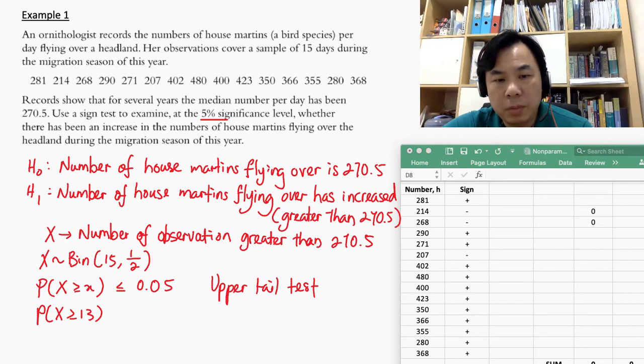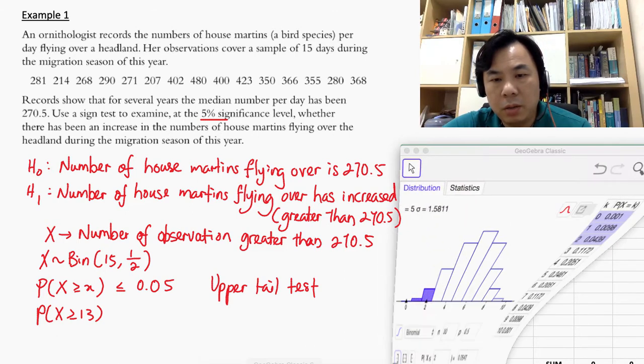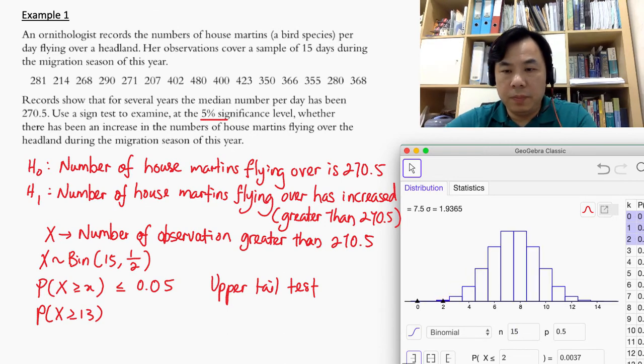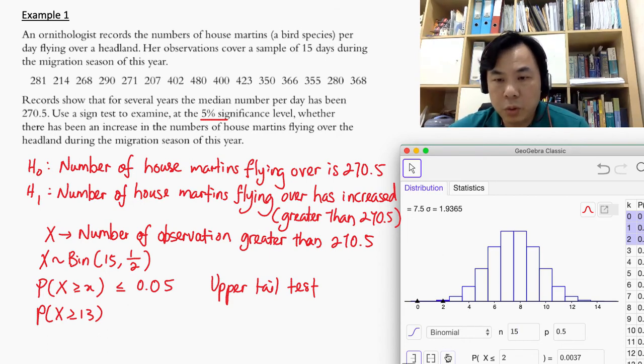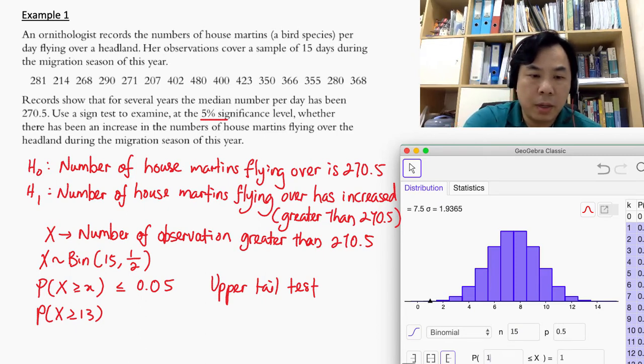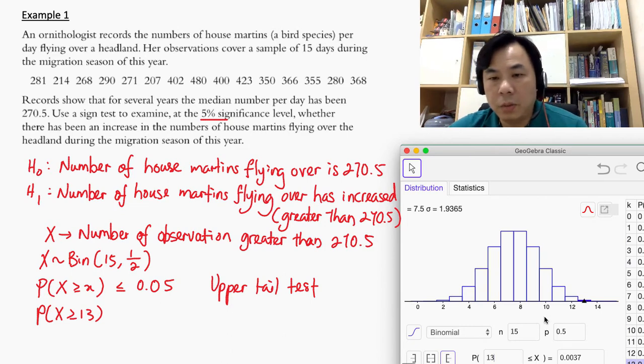I also can't remember. So let's try out using GeoGebra here. We have 15, so we're going to key in 15 here. And the probability of success and failure still remains the same. I'm trying to perform an upper tail test, so it should be an upper tail test. I'm trying my luck here with 13.